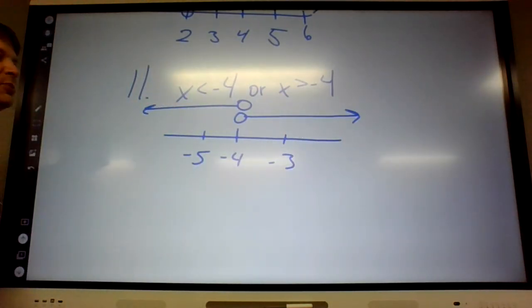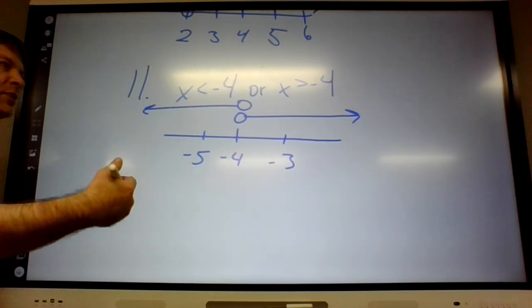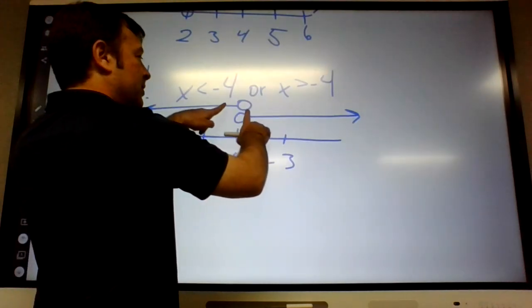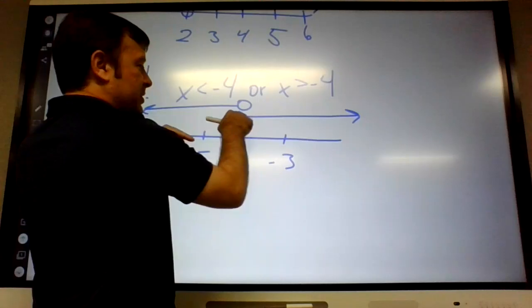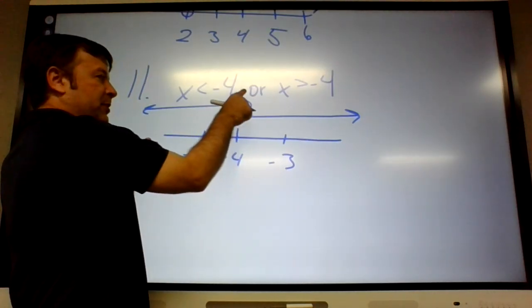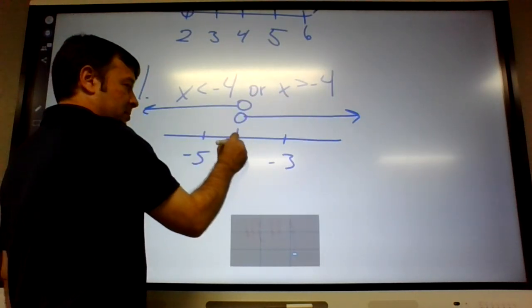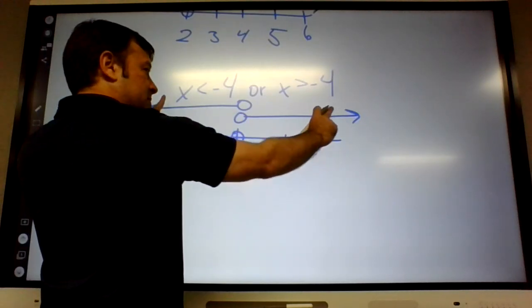So what numbers would be included in the answer? What numbers are less than -4 or greater than -4? All of them except for, yeah, -4, because see how there's a hole right here on both of them? So -4 would not be included in either of these. But every other number is covered.